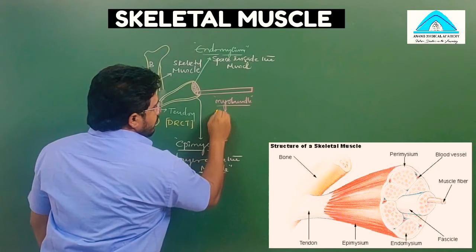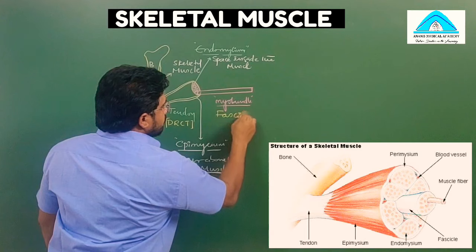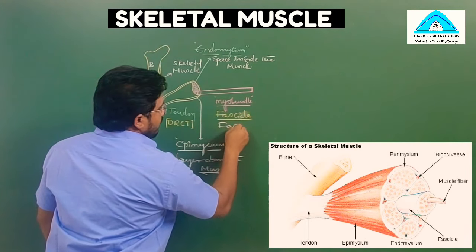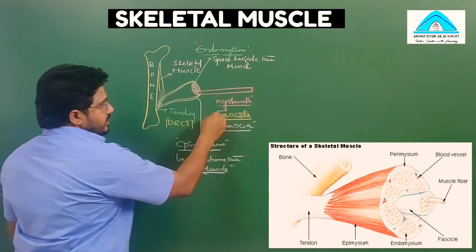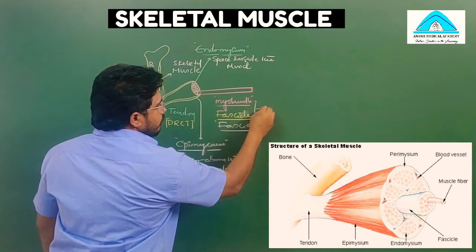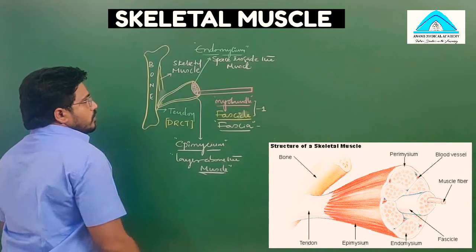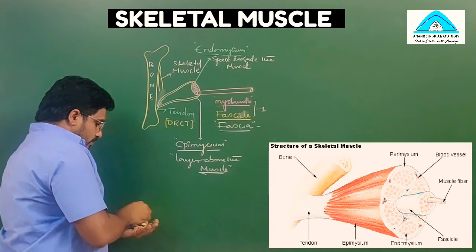This is also called a fascicle. Plural is fascia. Fascia means all together. Fascicle or myobundle is singular, and fascia is plural, many.